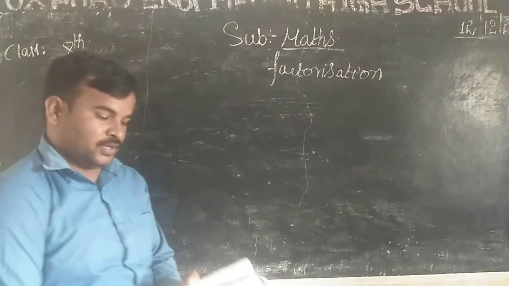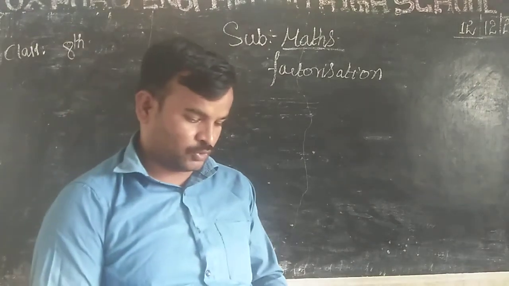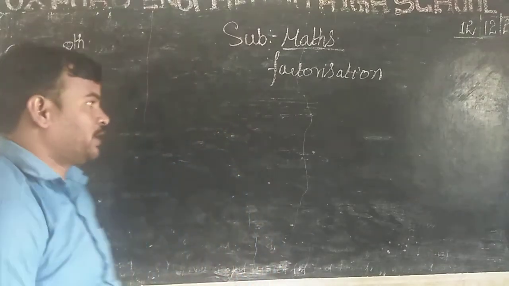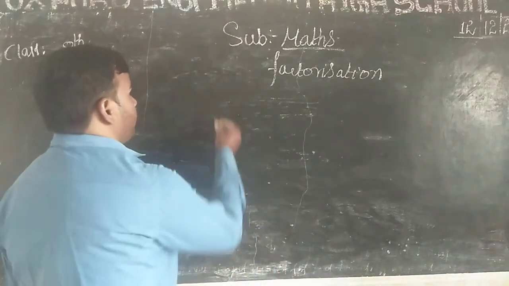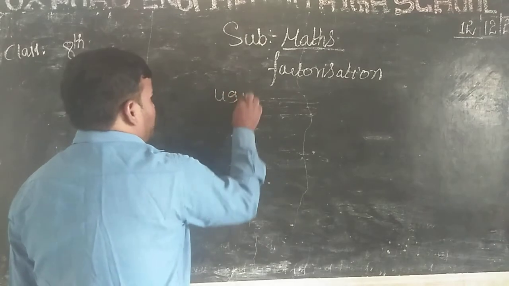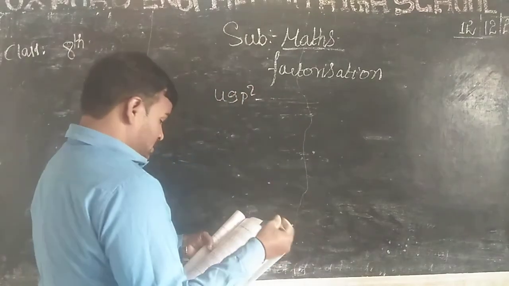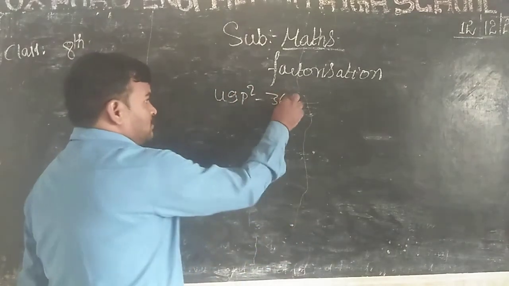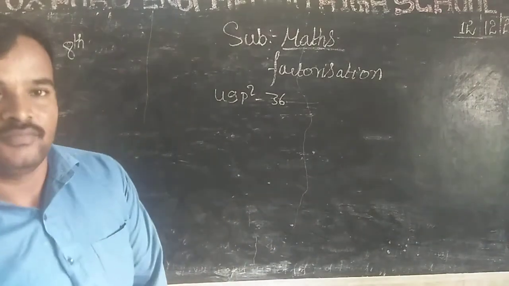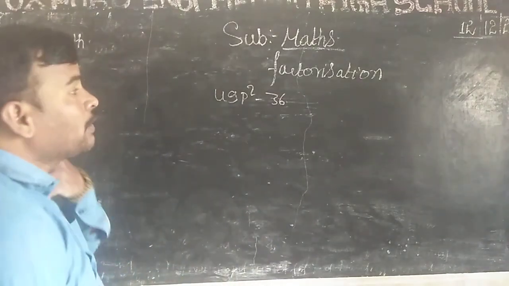And dear students, let us discuss one more problem. 49p square minus 36. So this is the third identity. Listen all of you carefully.